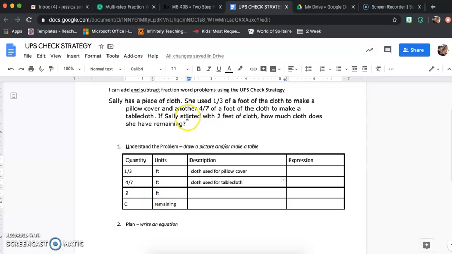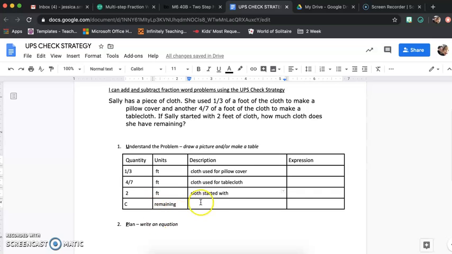And then the 2 feet was what she started with. So for that one is going to be, I always forget how to do this. Okay, cloth started with. See, even with online learning, guys, I'm still the same as I am when I'm standing in front of y'all. I forget half the time what my words need to be.